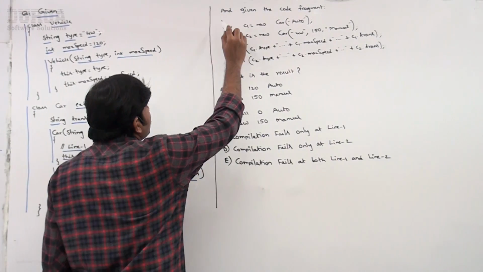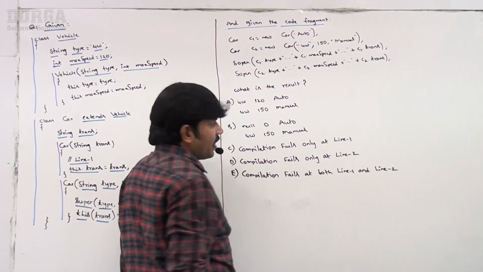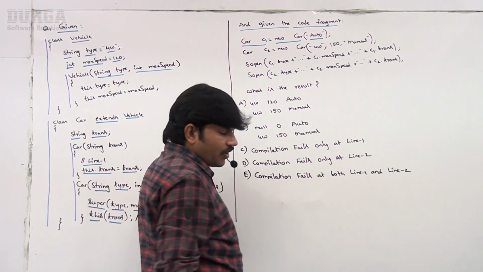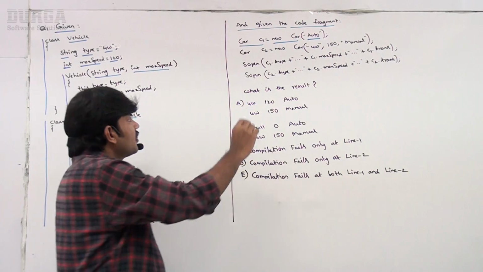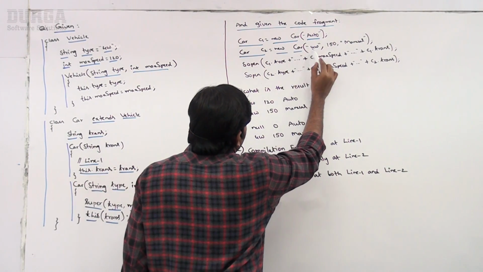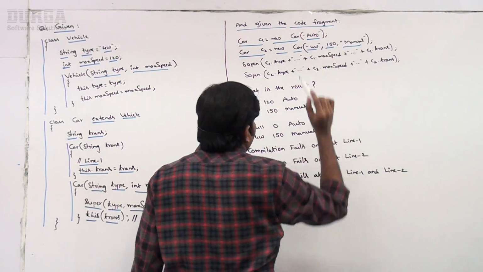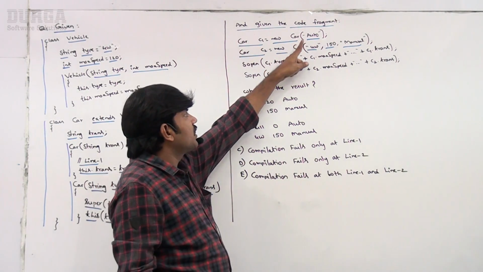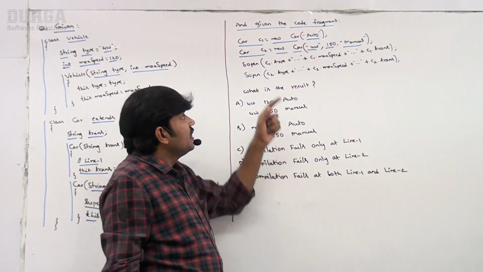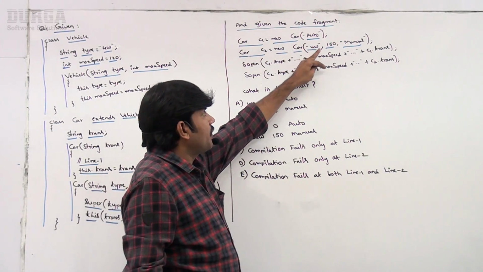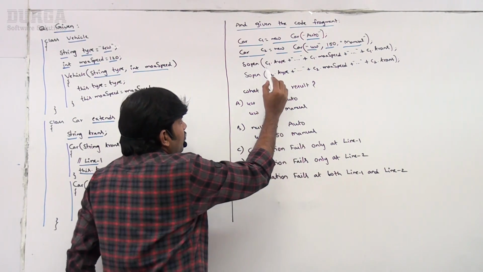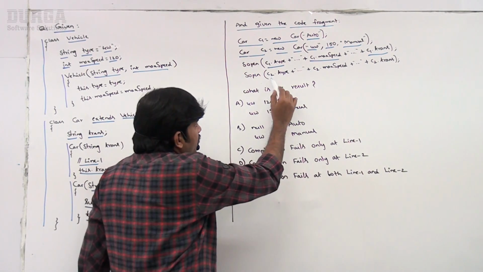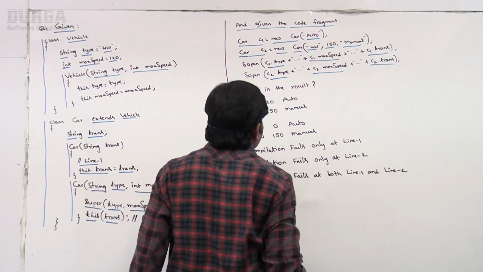Next, under the given code fragment: Car c1 = new Car("auto"). Sir, I'm creating the first Car object. Car c2 = new Car("4W", 150, "manual"), like this, right? So one time I'm creating a Car by passing a String argument, another time I'm creating a Car object by passing 3 arguments. Now c1.type, c1.maxSpeed, c1.trans, and c2.type, c2.maxSpeed, c2.trans.